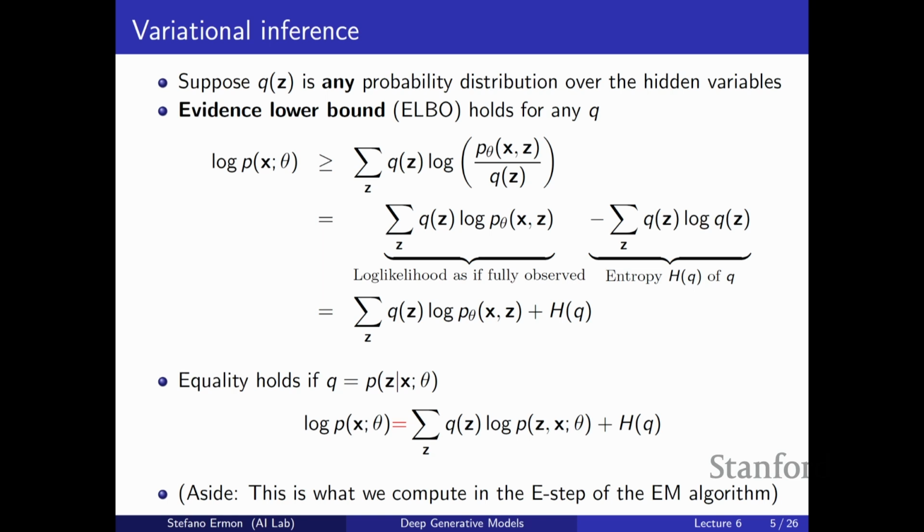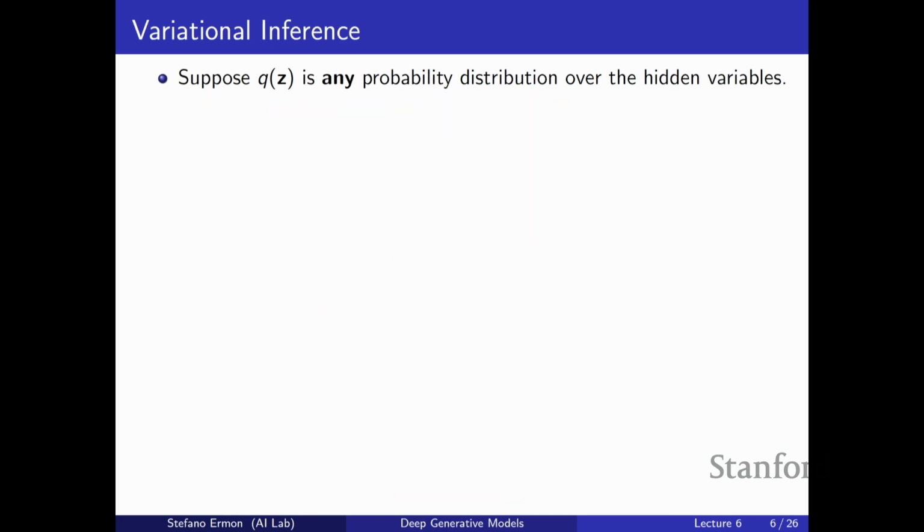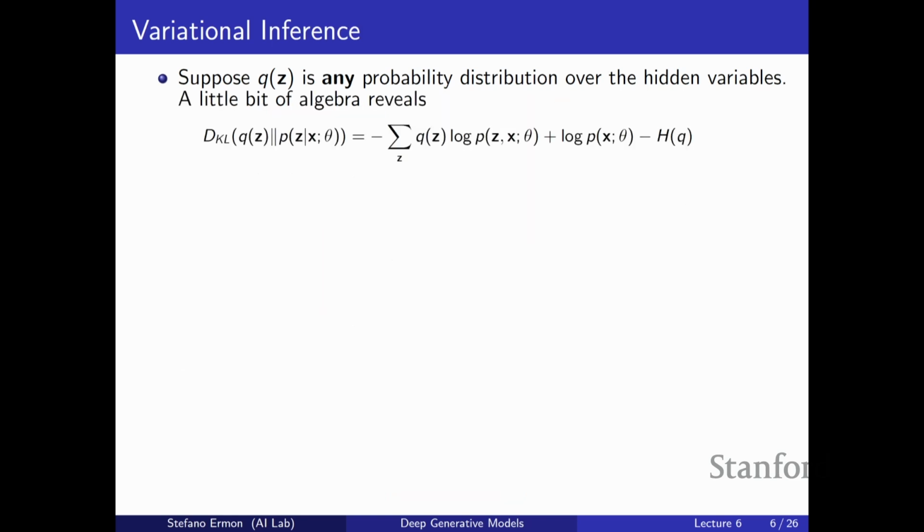And now, how do you see this? Well, to derive it, you can work out this expression. If you work out the KL divergence between this Q distribution and this optimal way of inferring the latent variables, which is the conditional distribution of Z given X, it's not too hard to see that with a little bit of algebra, this expression is equal to what you see here on the right.